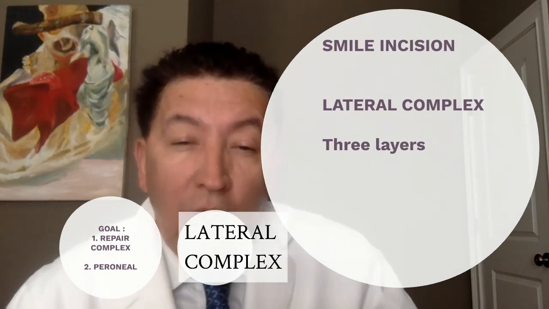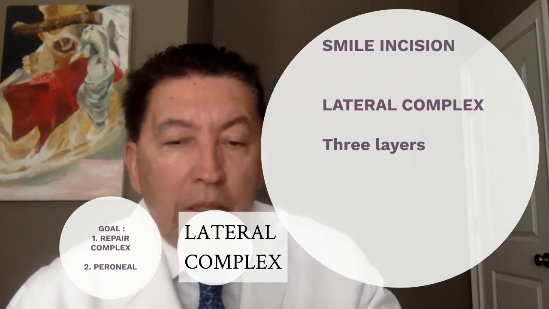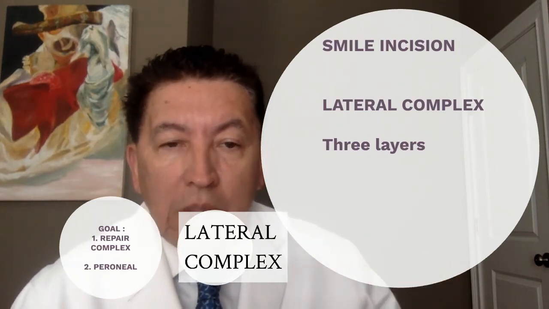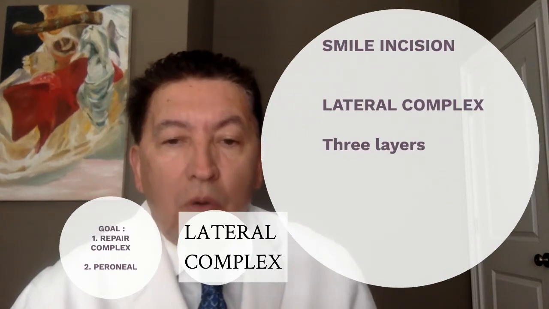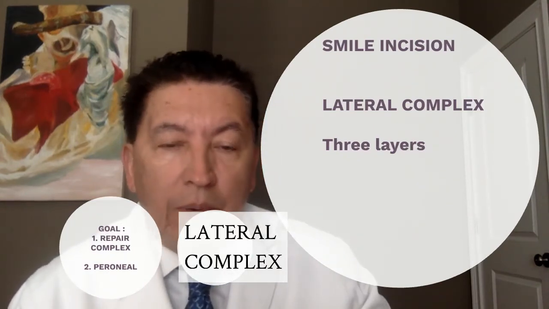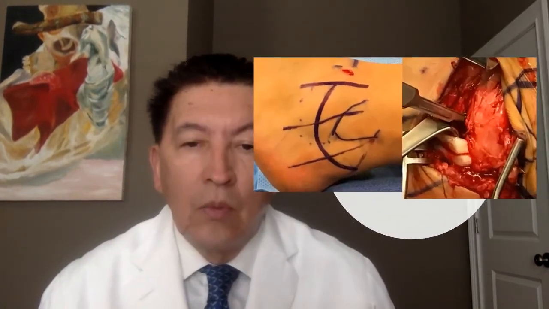It's very strong, a very good structure to help us repair this damage. So the concept is the lateral complex injury instead of a ligament injury, and the three-layer repair, and we do it through the smile incision.